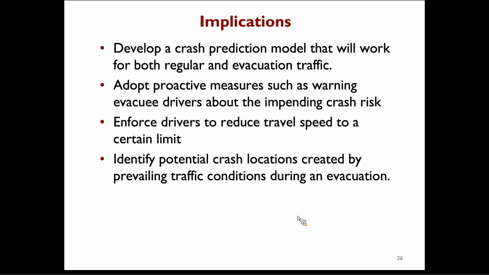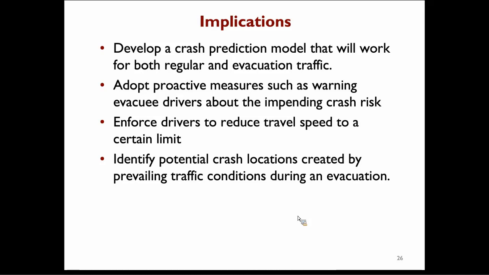We can adopt proactive measures such as warning evacuee drivers that there is an impending crash risk. We can also enforce drivers to reduce travel speed to a certain limit. So we can give some warning messages through variable message signs. In addition, for some specific control situations, we can identify some crash locations based on the prevailing traffic conditions during an evacuation.